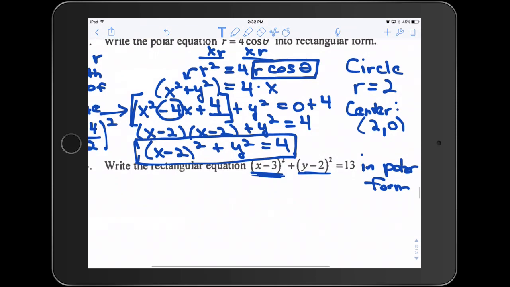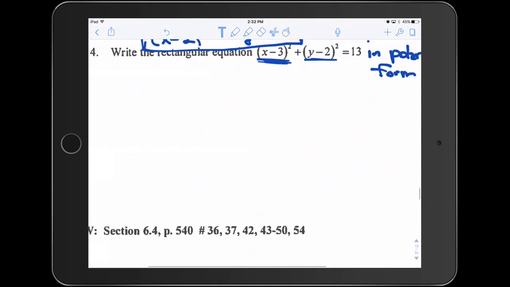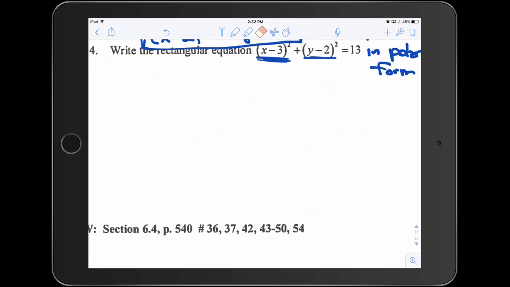Okay, so let me move this up and get us all nice and ready to go here. I'm going to erase a little bit so that it doesn't confuse us. Okay, here we go.